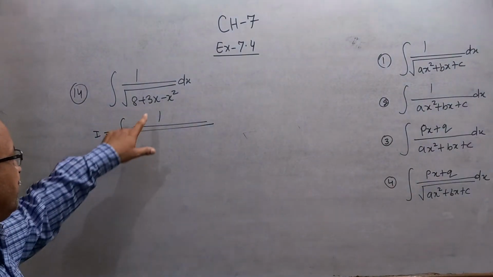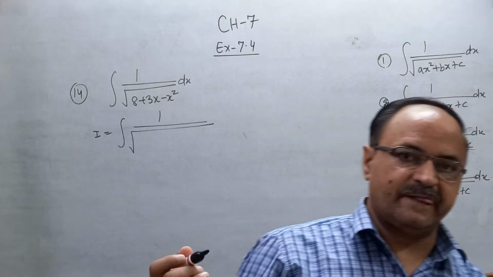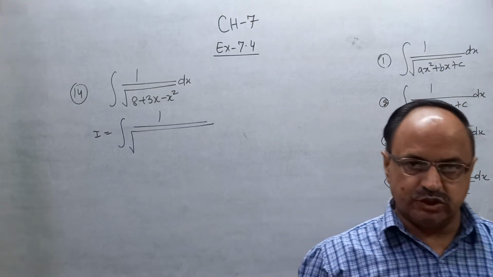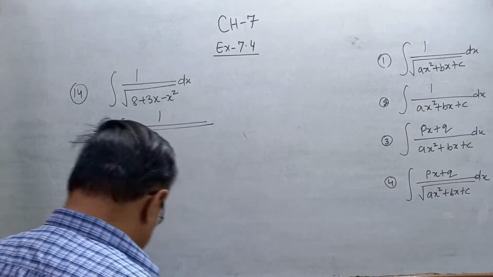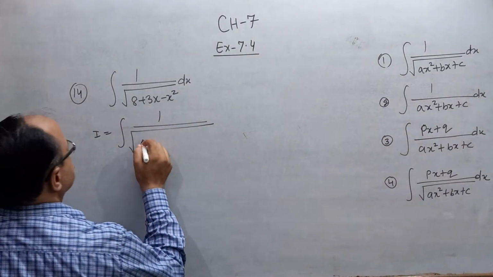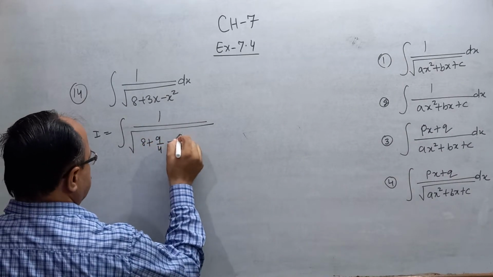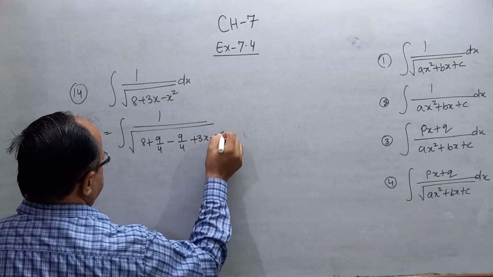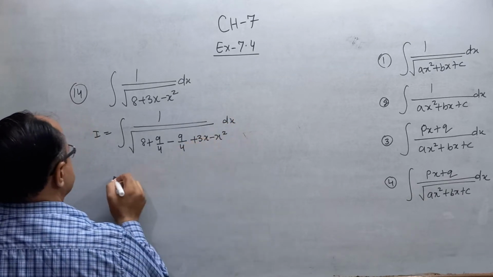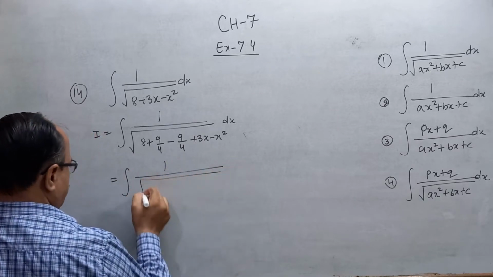Now add and subtract what? Coefficient of x is 3 and the half of 3 is 3 by 2 and the square of 3 by 2 is 9 by 4. Add and subtract 9 by 4. 8 plus 9 by 4 minus 9 by 4 plus 3x minus x square dx. Integration 1 upon root.